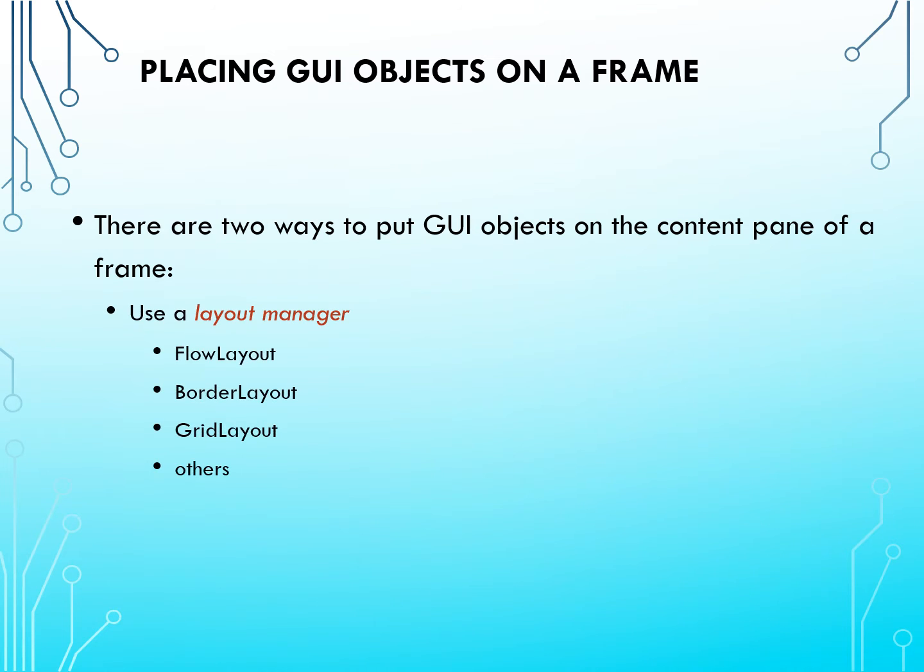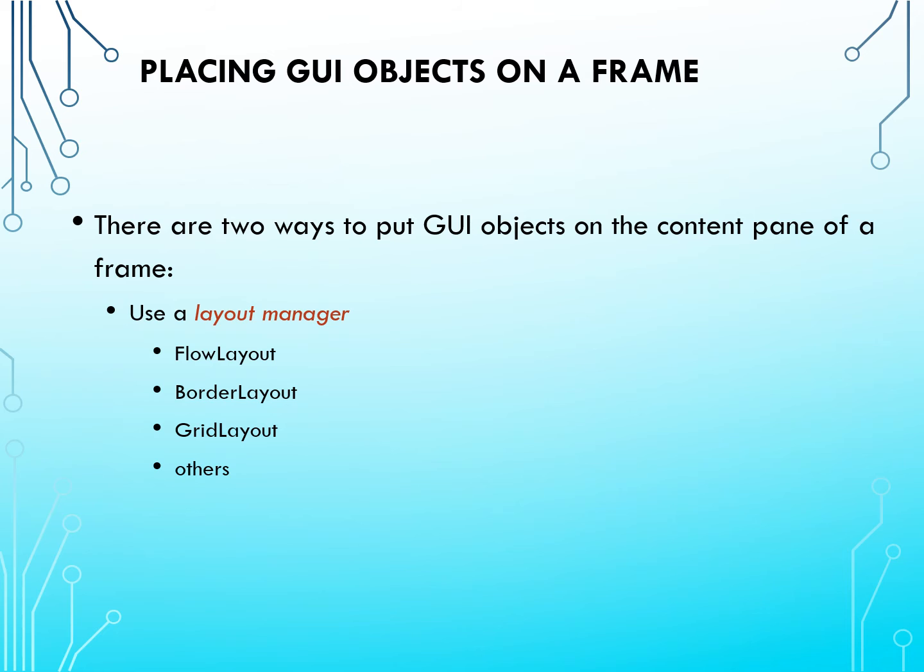place the objects. Now that you have the text area and text field, you want to put them in the content pane. When you are using NetBeans, you simply drag and drop it, right? But if you manually code it, you need to use the layout manager. There are several kinds. A layout manager is a different way of organizing the components inside the content pane.